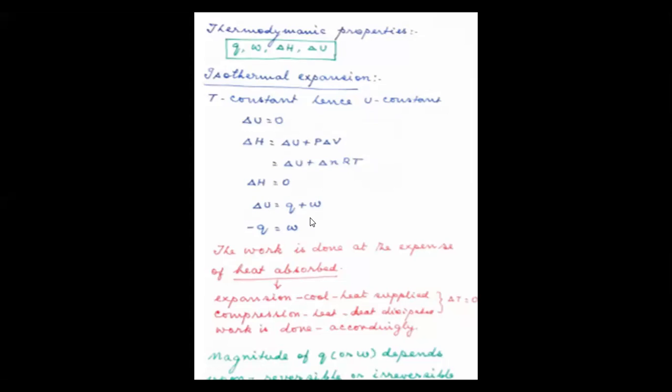So in delta n RT, R is already a constant, and for the temperature, there is no change because this is an isothermal process. And as it is a closed system, there cannot be a change in the number of moles of the gaseous substance which is inside the cylinder. Therefore delta n is 0. As everything is 0, delta H is also 0.